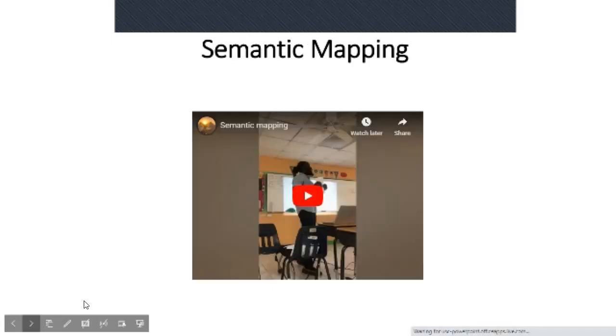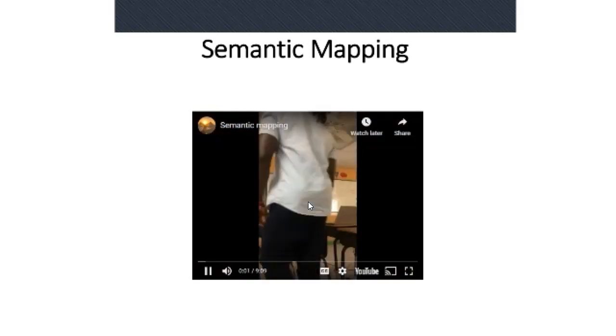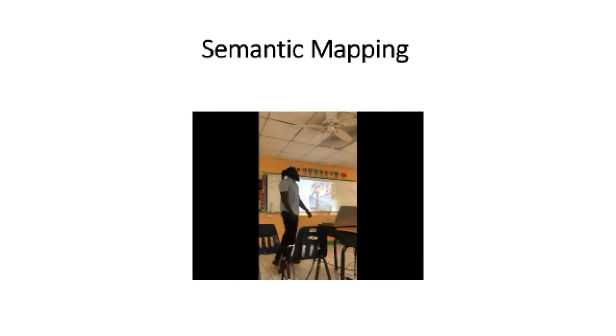And then we're going to go into the semantic mapping strategy. Here we go. So next, we're going to use another strategy to help us remember these vocabulary words. This one is called semantic mapping. All right? Y'all familiar? This is a meme. It's the conspiracy theory meme.